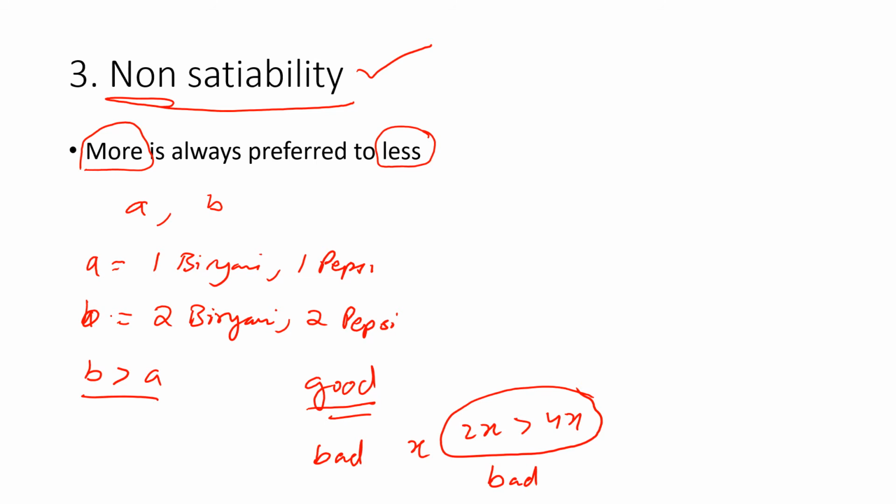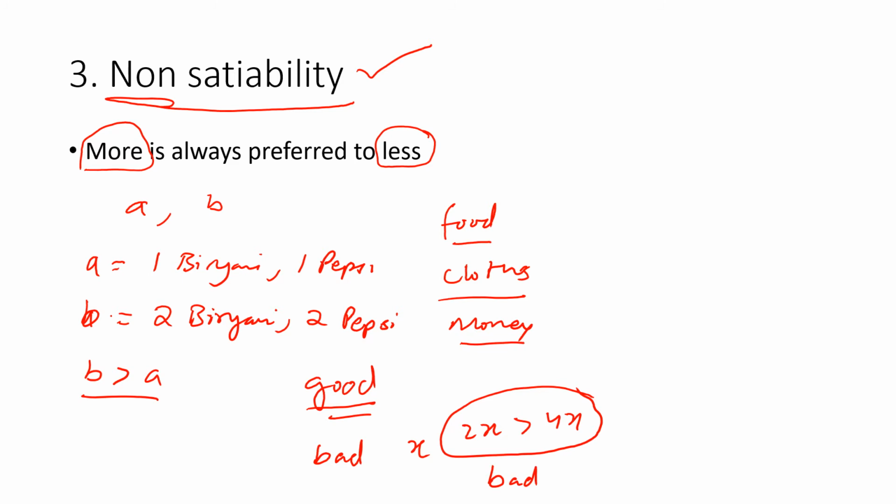So let's say, how can we define certain goods? For example, there are certain food items, and you will always prefer more to less, so that becomes a good. Similarly, clothes are also good because you prefer more clothes to less. Then we have money, and in this case more is always preferred to less.